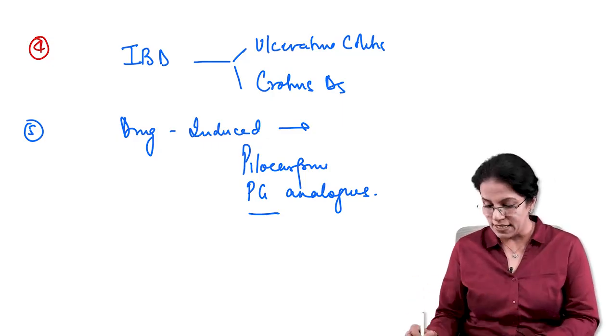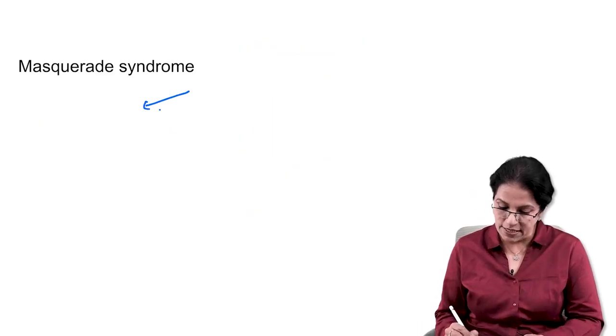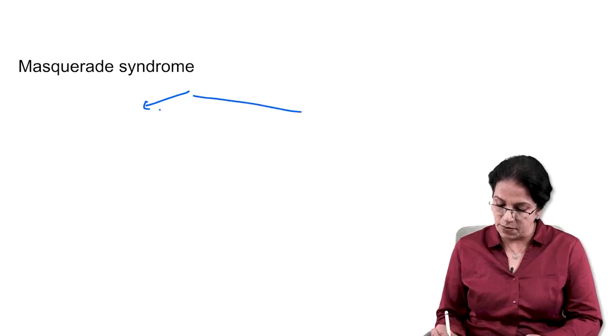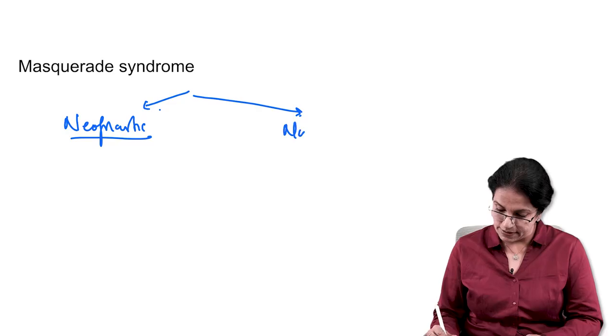Then we talk about masquerade syndrome. Just to complete the list here, we know in masquerade syndrome we divide it as neoplastic and non-neoplastic. Right? Okay.